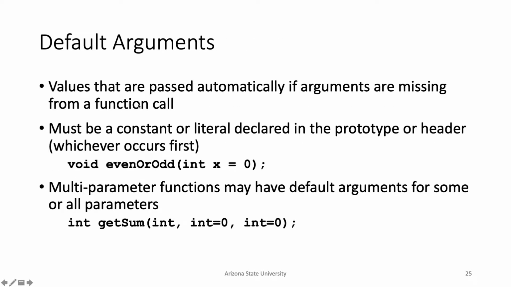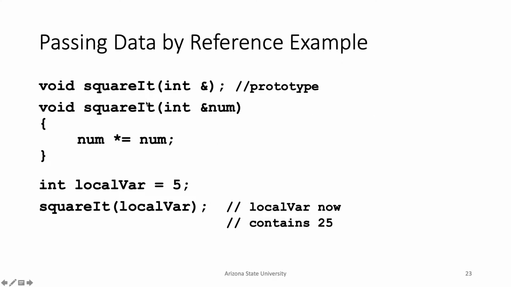You could essentially perform the same task by returning the value 25 at the end of the function. Yeah, so the point that was made is you could return this and assign it to the local variable, but now you have to actually do that in the main function. In some contexts it makes sense to do that, some contexts it doesn't.